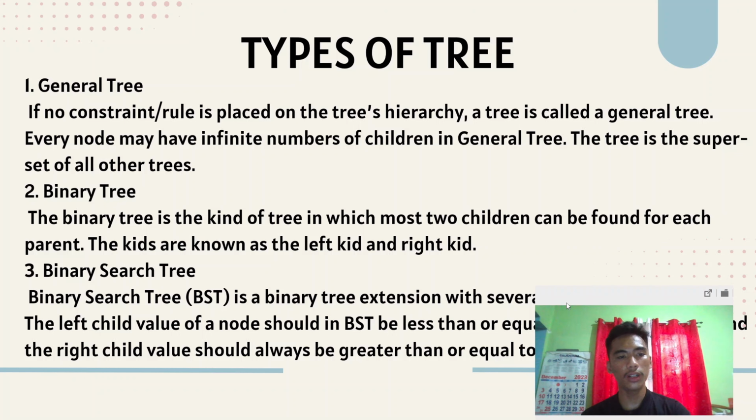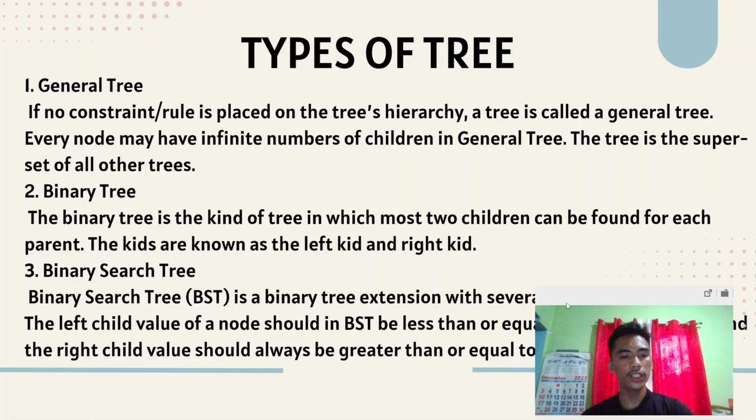The next is the binary tree. The binary tree is the kind of tree in which at most two children can be found for each parent. The kids are known as the left kid and right kid.